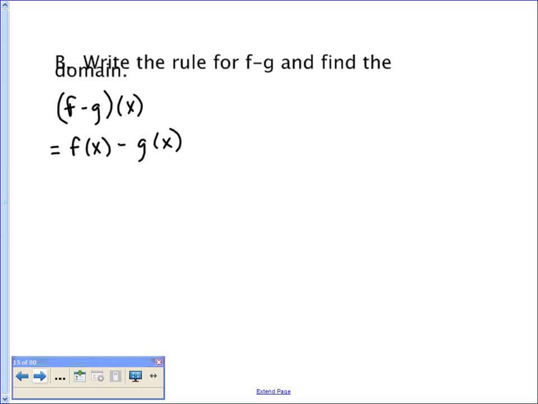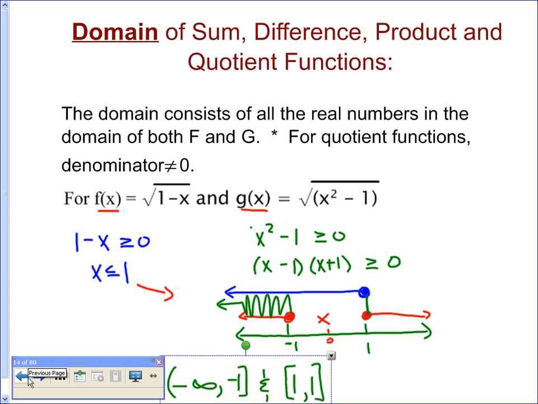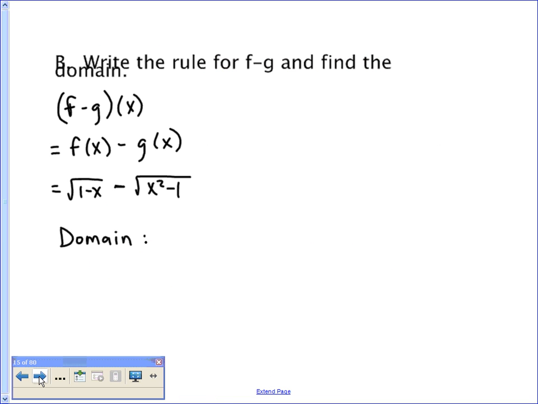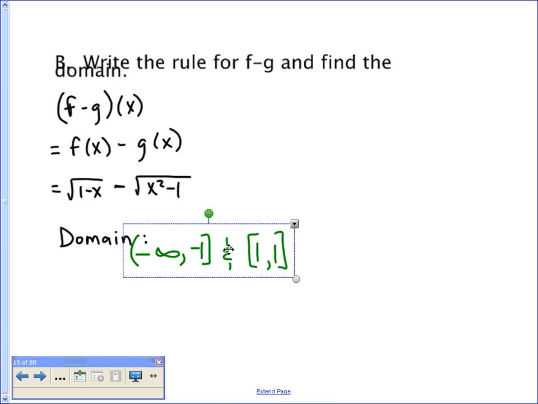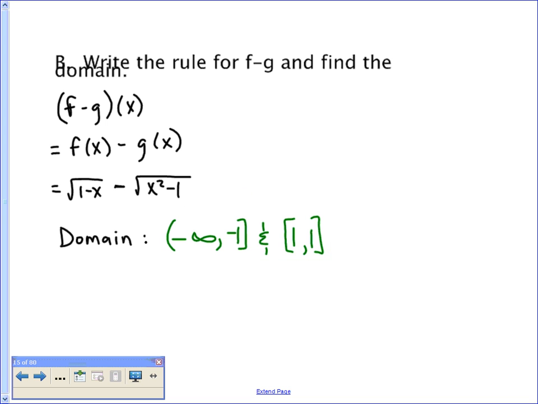I said it was exactly the same as when I was adding, except for what changes. And what's changing is the plus here, because we're subtracting the two. So that should be a minus. And then when we talk about our domain, again, our domain is going to be exactly the same as it was with our sum. And so there we have our domain.